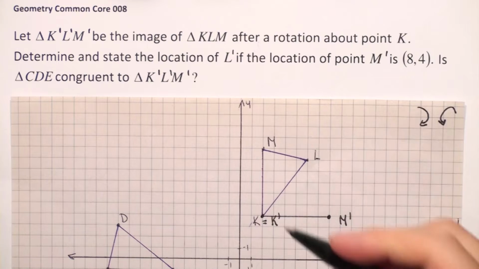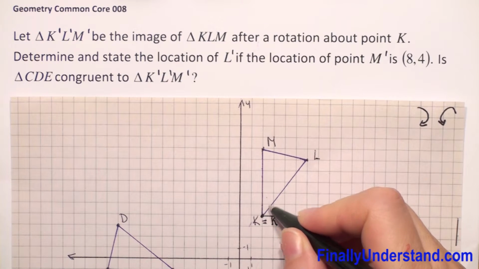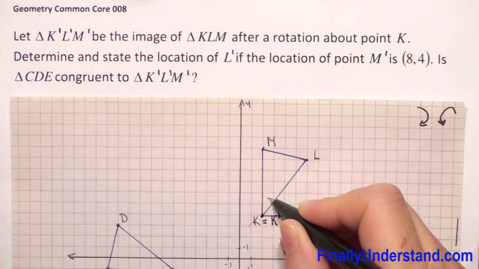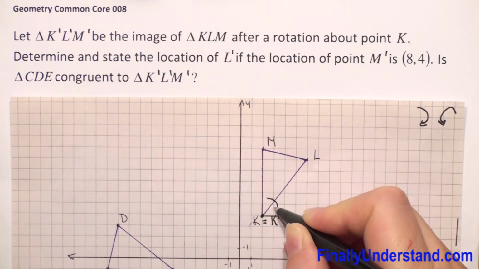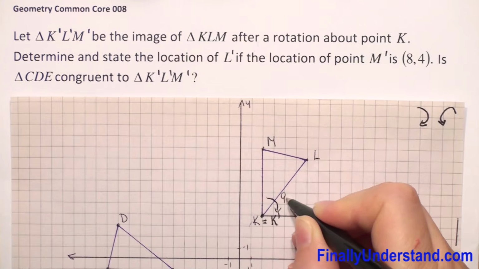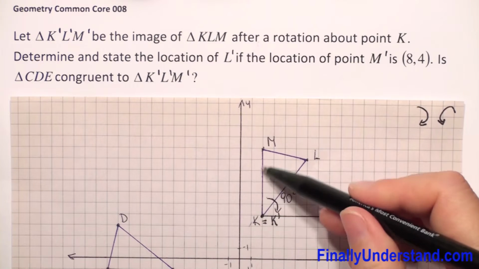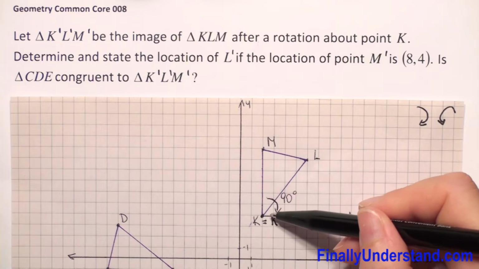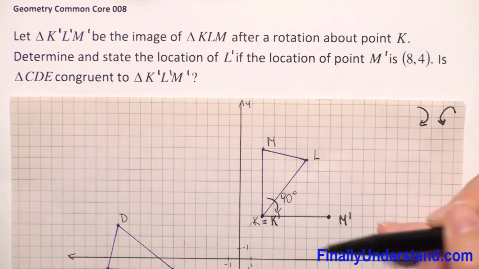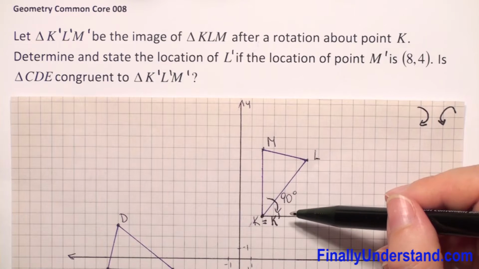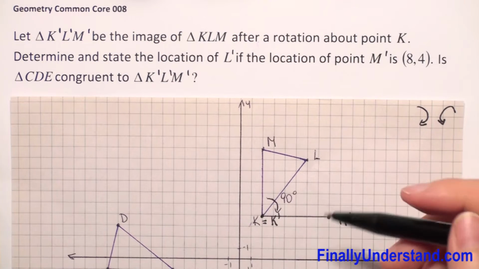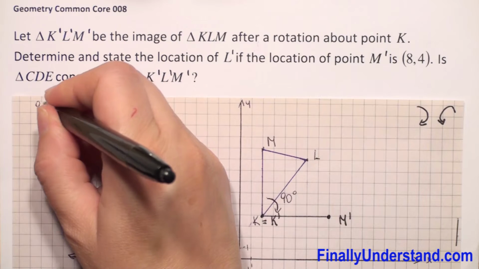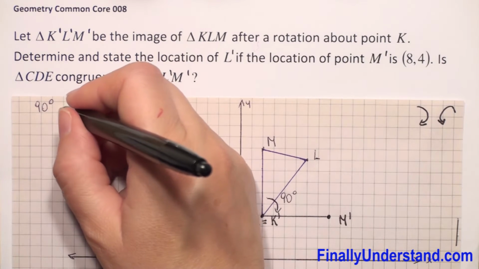The angle of rotation about point K, we are going clockwise 90 degrees. The angle between KM and K prime M prime is 90 degrees. So we have here a clockwise rotation, a 90 degrees clockwise rotation.